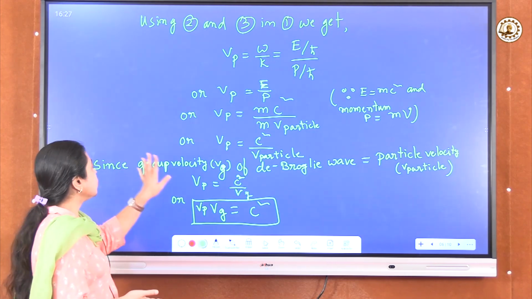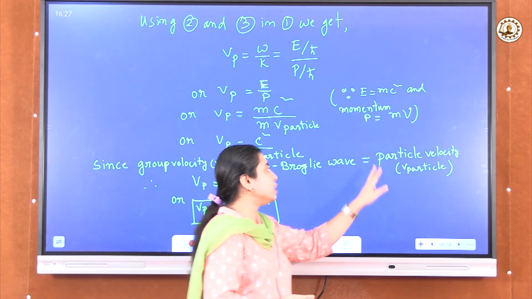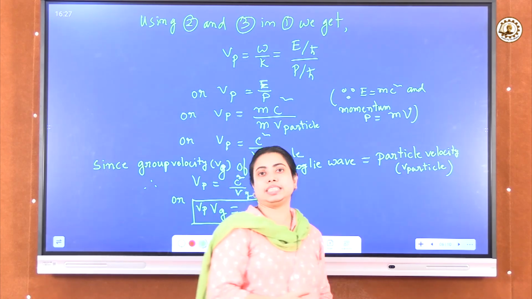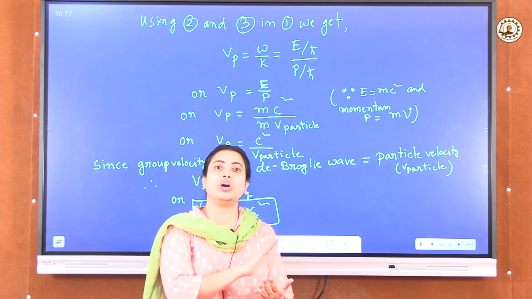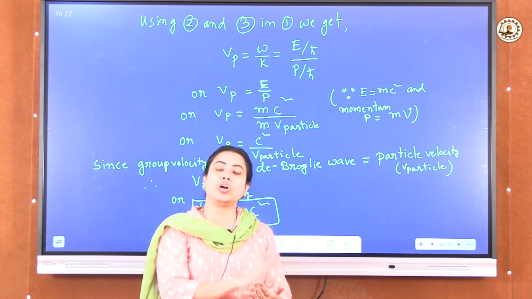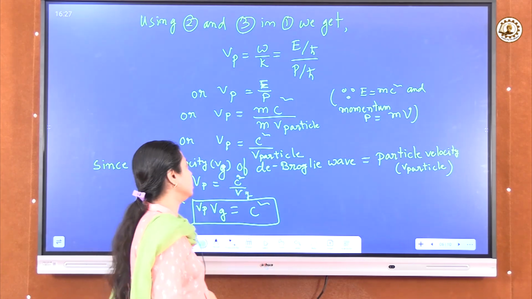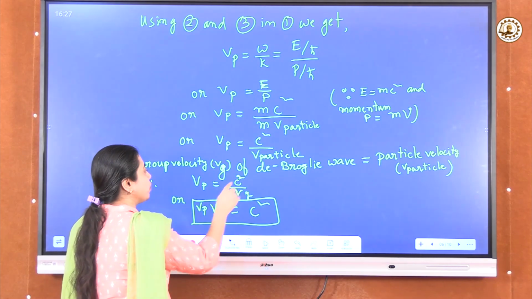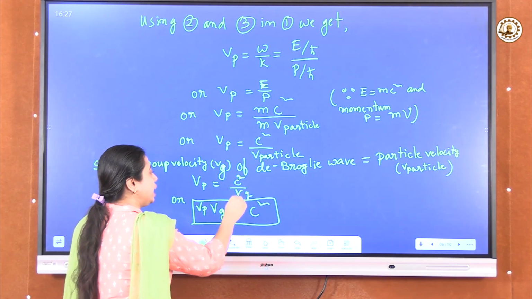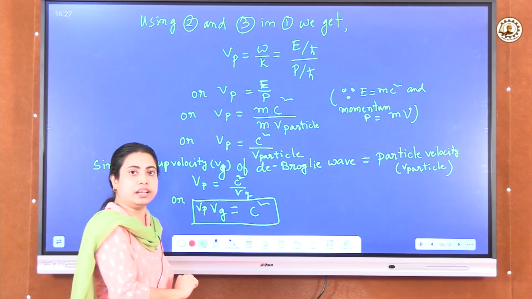What is the concept? Group velocity of de Broglie wave is equal to particle velocity. Means whether it is a relativistic particle or a non-relativistic particle, the group velocity is always equal to the particle's velocity v particle. So if that is the case, I can write Vp is equal to c square by Vg, where Vg equals v particle.